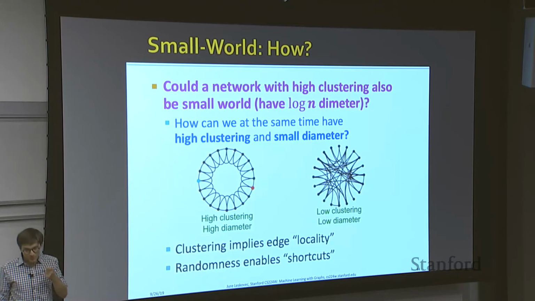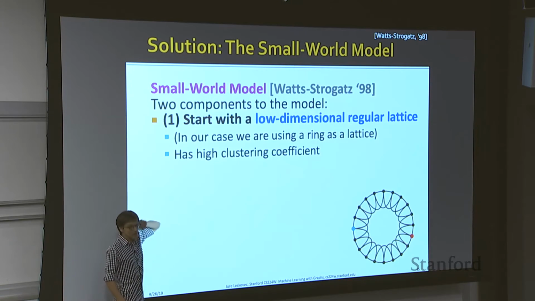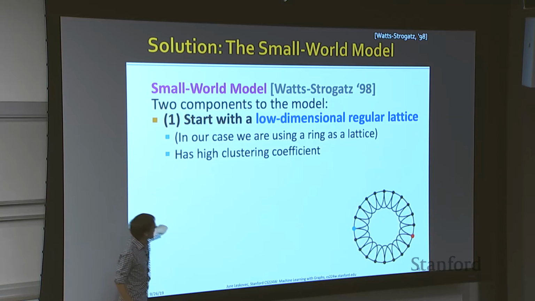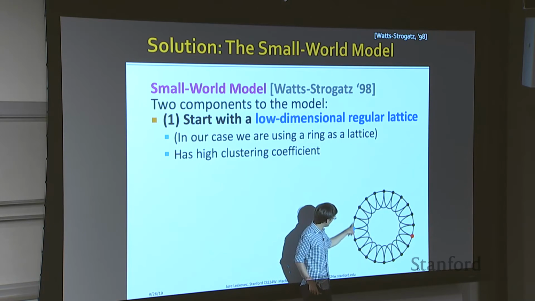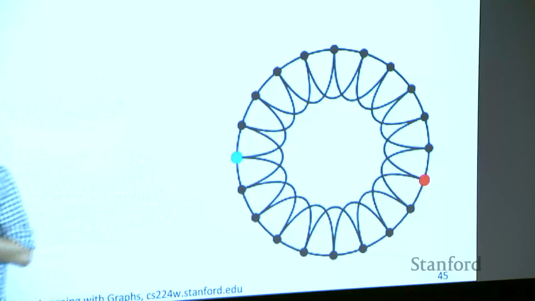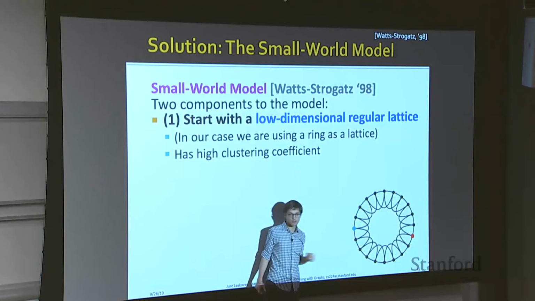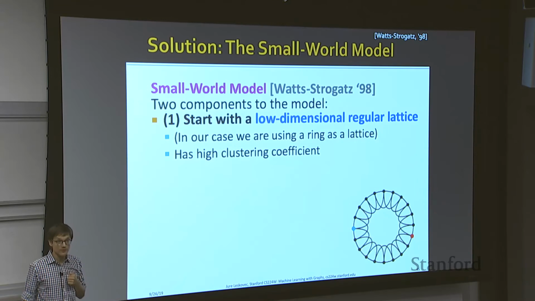And the solution is a very elegant model, which says, let's start with a low dimensional regular lattice. So in our case, this would be nodes on a circle where every node links to the two friends next to it, plus friends of friends. Okay, so this will now have a high clustering coefficient because basically this has clustering coefficient of 1.